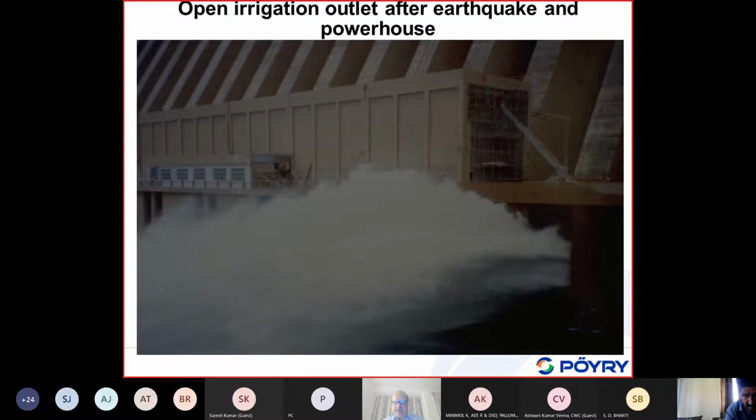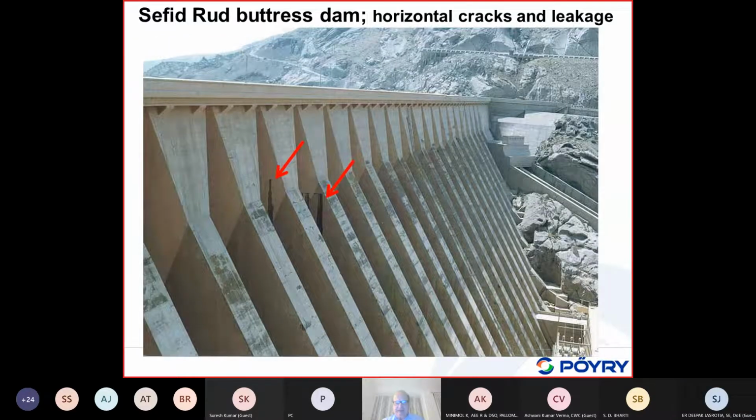Okay, this is the operation of the irrigation outlet. As I said, this is just after the earthquake. And here we can see some of the leakages. This is again this intermediate level outlet. You can see some of the leakages here, and you see the leakages along horizontal lines.